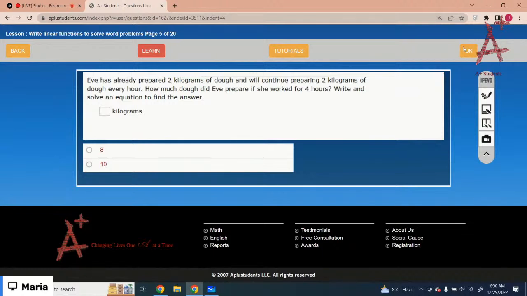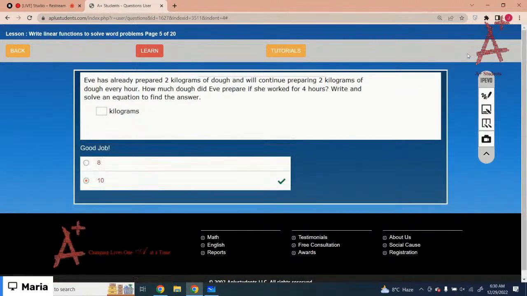Just let me know the correct option. The correct option is 10 kilograms. So just select the correct option, then click on the OK button.